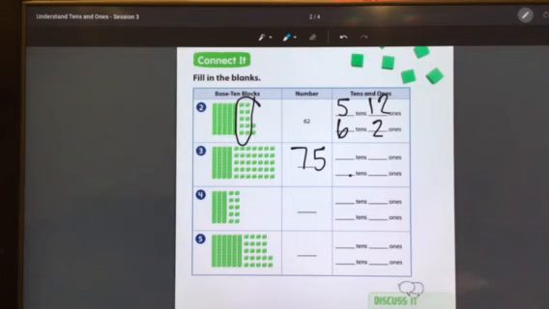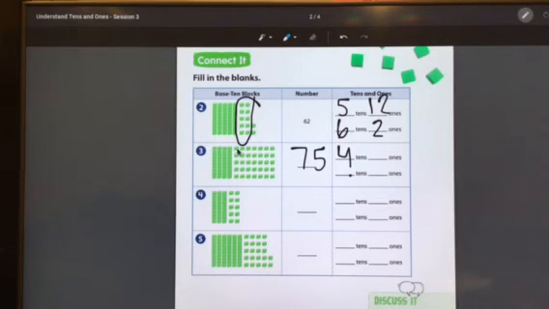Then go back and count. How many tens are there? And you're going to write that number on the line. And how many ones are there? And you're going to write that number on the line here. There's 1, 2, 3, 4. There's 4 tens.